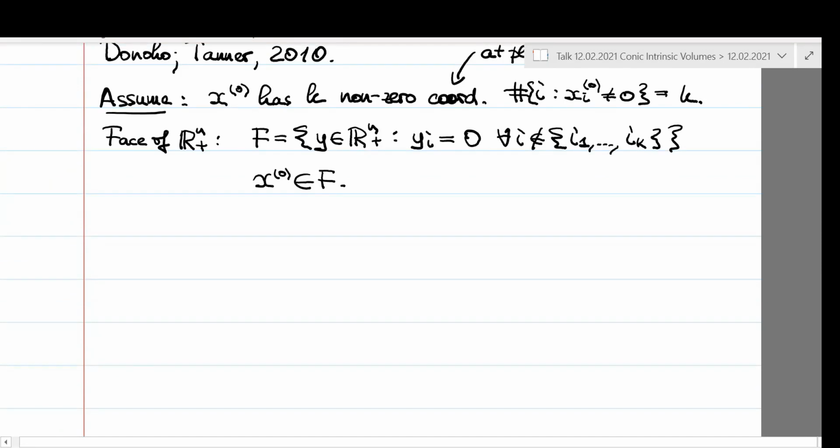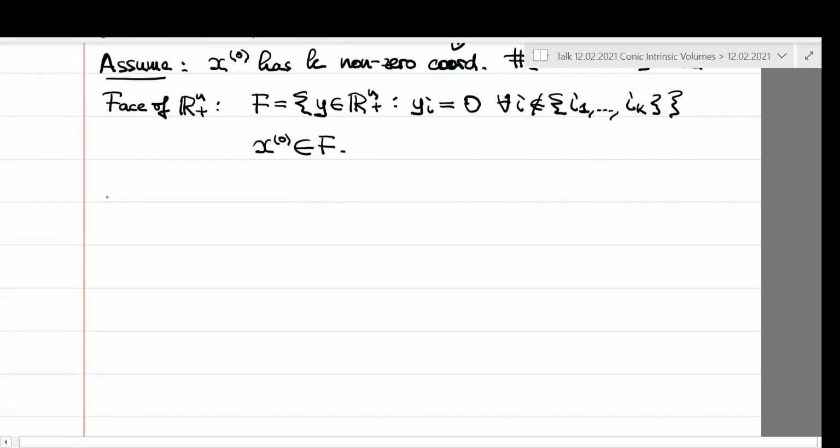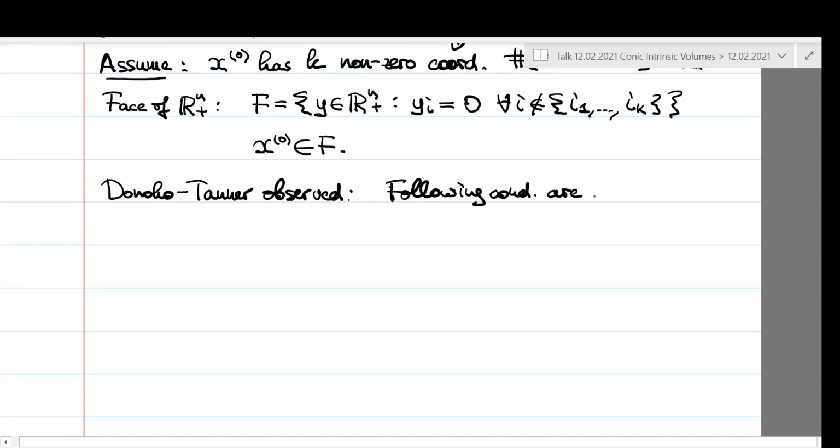And now the main observation of Donoho and Tanner is the following. They observed that the following two conditions are equivalent. The first condition is called survive in their notation.